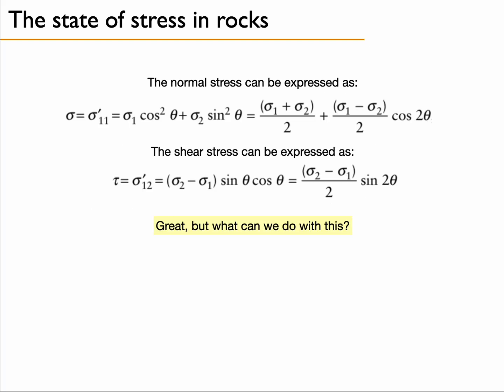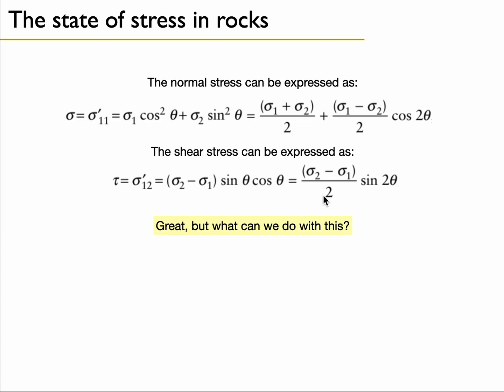And for the lecture, I anyway give you the answer, so you only have to do the algebra steps, but the answer should look like this. The normal stress will be expressed as sigma 1 plus sigma 2 divided by 2 plus sigma 1 minus sigma 2 divided by 2 times cosine 2 theta.